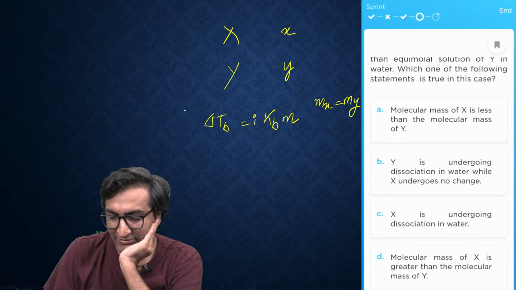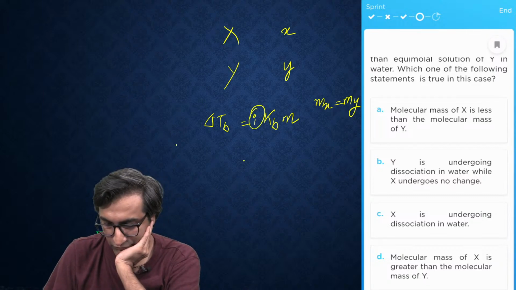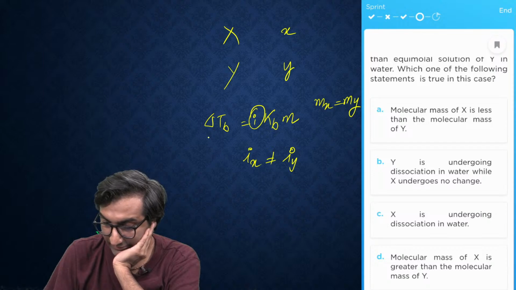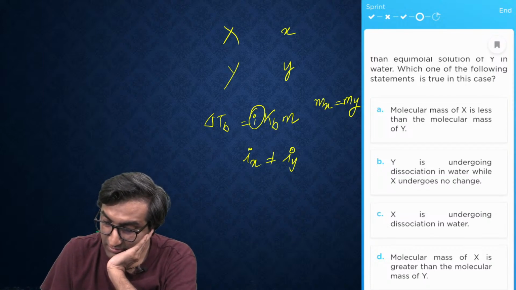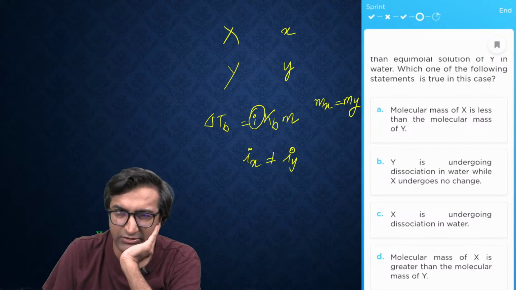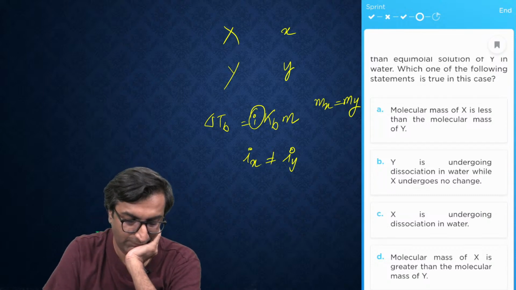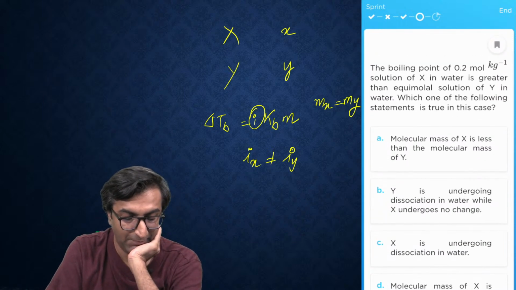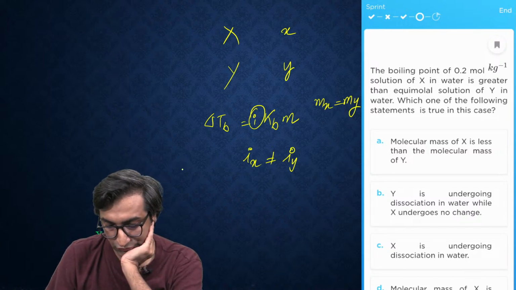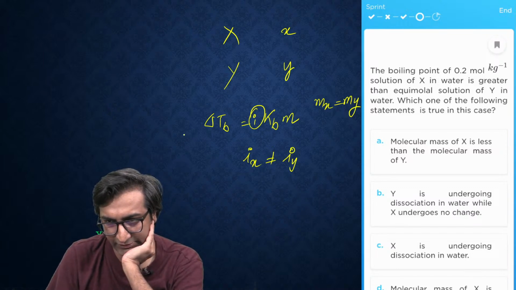So the only thing that's different is going to be i. So ix is not equal to iy. Clearly, right? और किसकी ज्यादा है? Boiling point of X is higher. ऊपर थोड़ा जाता हूँ रुको. Says boiling point of X is higher than that of Y. So this is increase in boiling point, right?